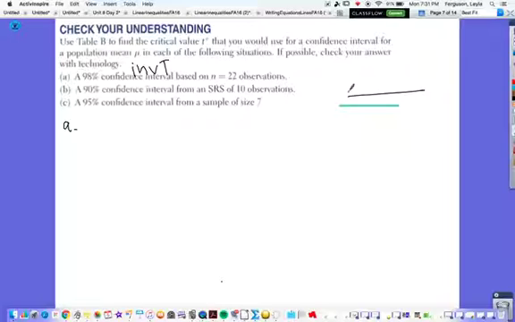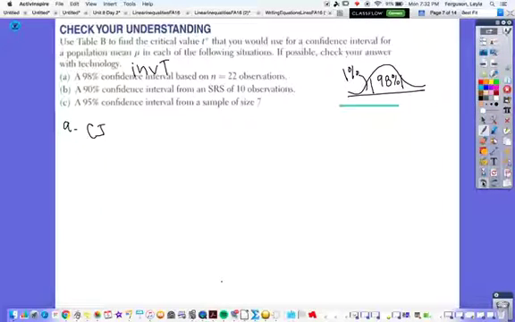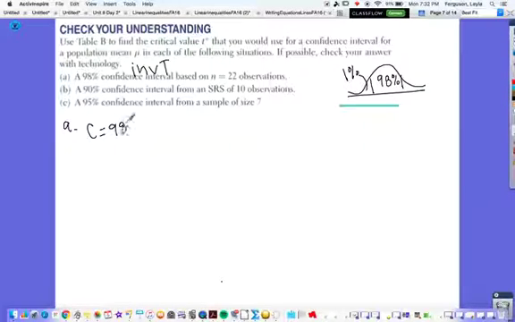If it's 98%, that means 98% is in the middle, which means that the tails added together are the extra 2%, so each tail is 1%. So for a 98% confidence level, I'm actually going to use 0.99.